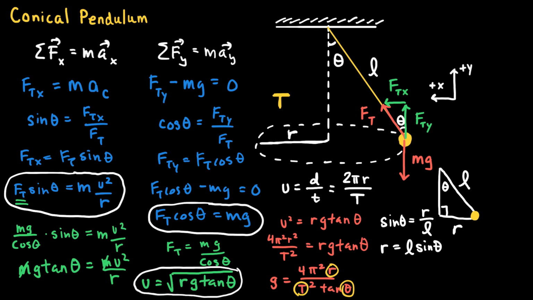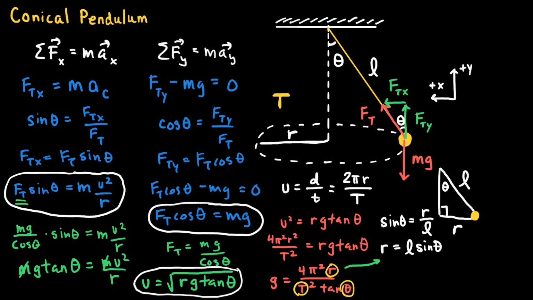And as somebody who might be interested in physics or experiments, this is an important thing that I've just done here. I have taken a variable in an equation, lowercase letter r, and I have found a way to express that variable in terms of other things that I already have to measure or are easier to measure.